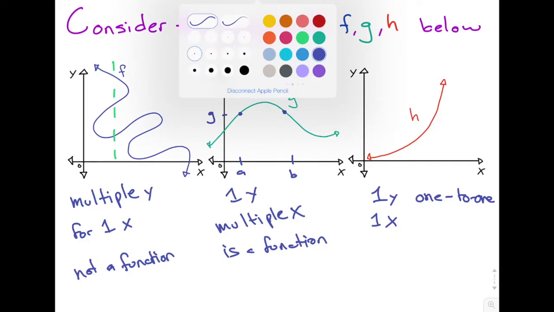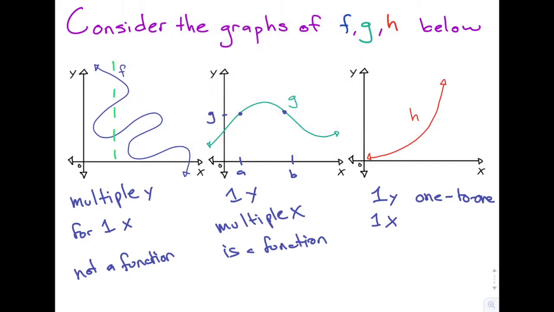And just as we can define for the graph f, which is not a function, the vertical line test, we can define the horizontal line test for the graph of g. The horizontal line test would tell us whether or not a function is one-to-one, like h is over here.